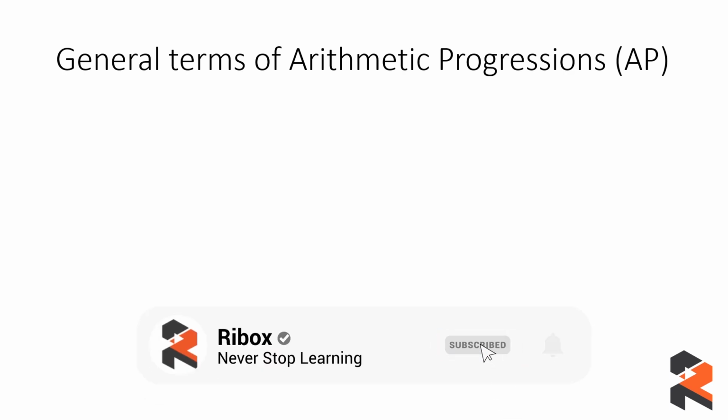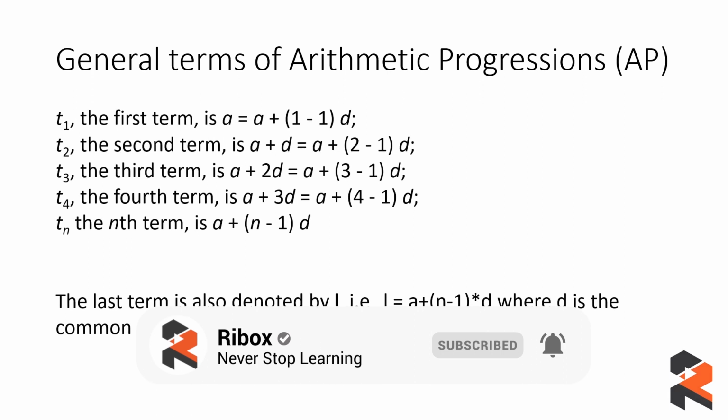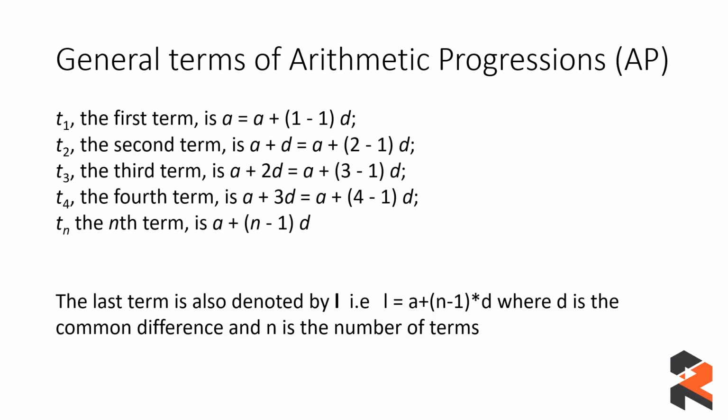The general terms in arithmetic progressions can help you to understand the concept better. So let's look at it. If you want to find out the first term, then the first term is nothing but A, denoted by A plus 0 times D. For an arithmetic progression, obviously there will not be any difference for the first term. In case of the second term, there will be a difference. So it will be the n minus 1th term of the series times the difference.